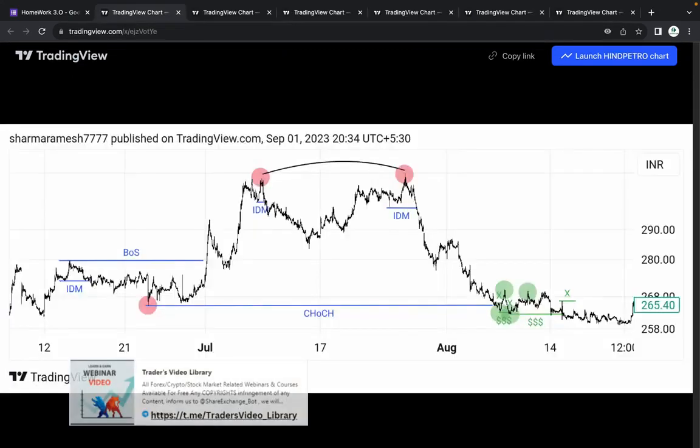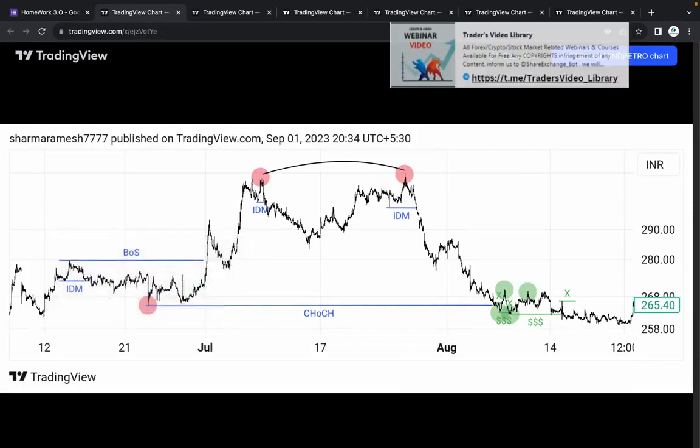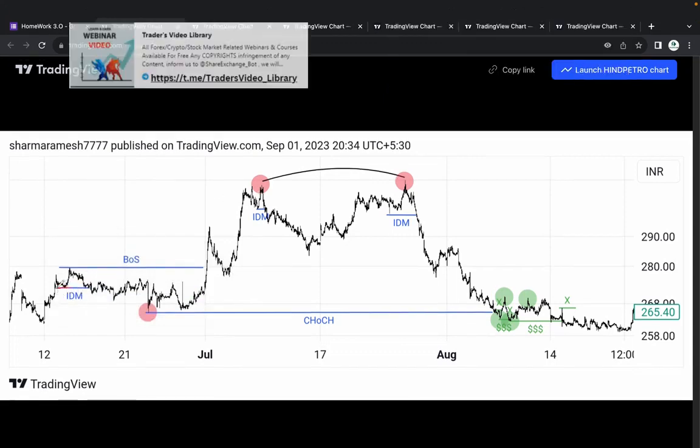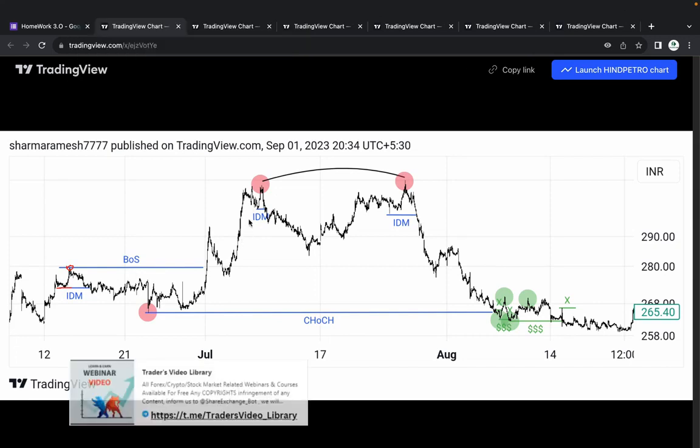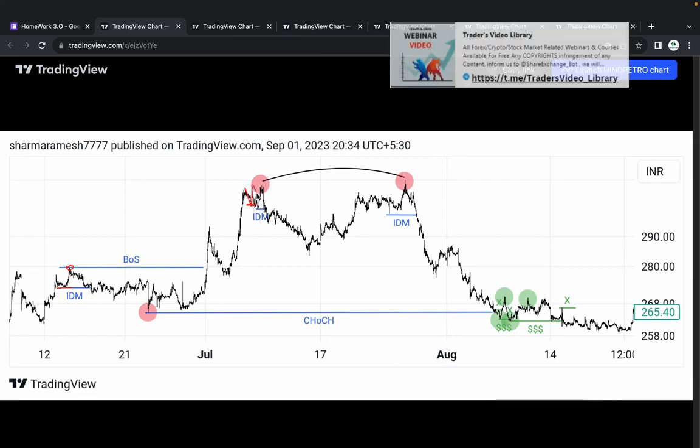Okay, this one is the next example here. Break the structure, the first pullback is called our inducement right here. Confirm higher high, push downside, break this structure. The first pullback is taken out here, but technically this was here because this one is taken out by this, like this here.